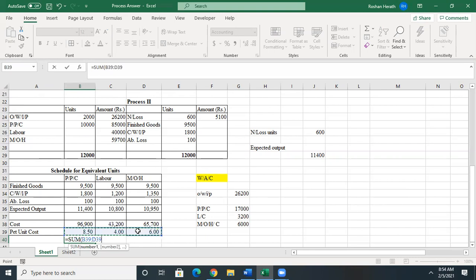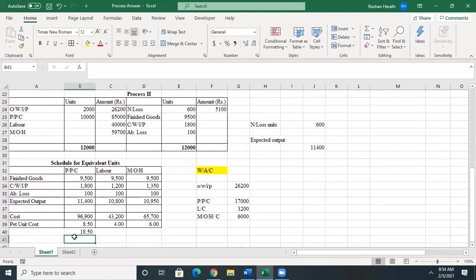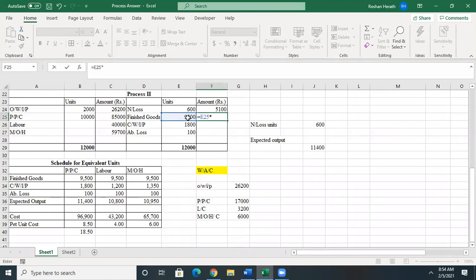And once you work that out, the value becomes 8.5, 4, 6, so 18.5. So the finished goods can be easily valued: 9,500 into 18.5. Closing WIP, let's keep it for a while. The abnormal, so again straightforward.